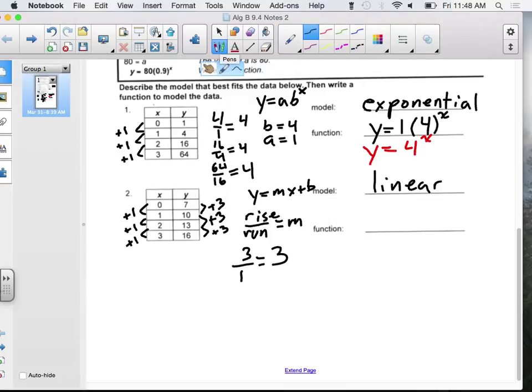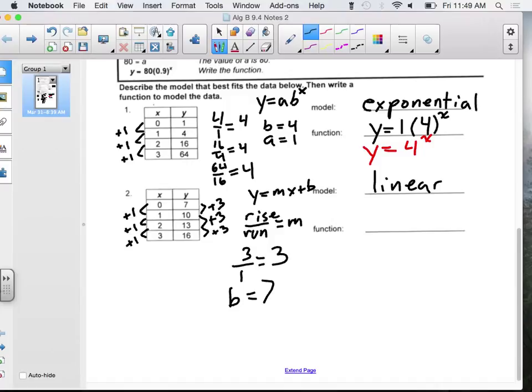There we go. So we found our m, now we have to find our b. What's our b in a linear function? b represents the y-intercept in linear functions, right?